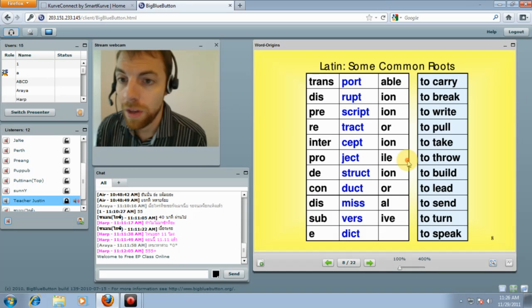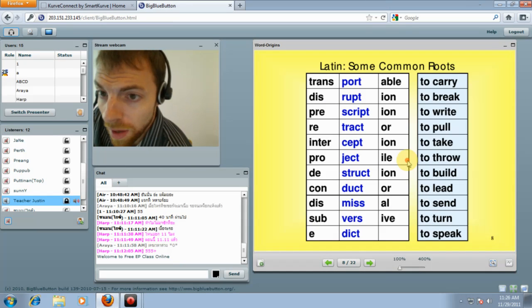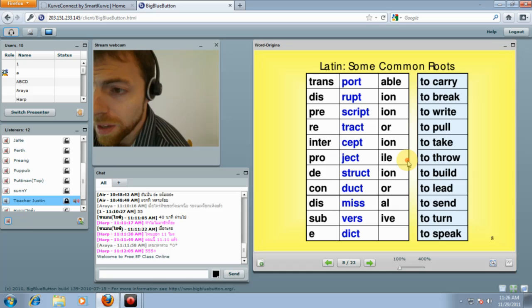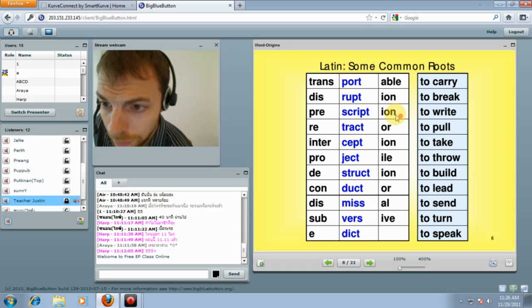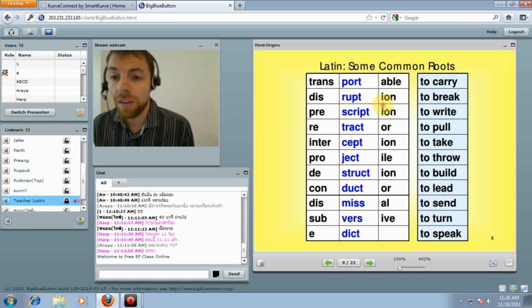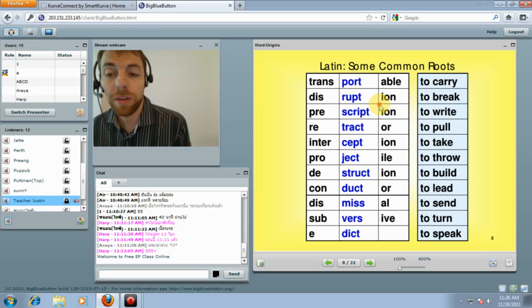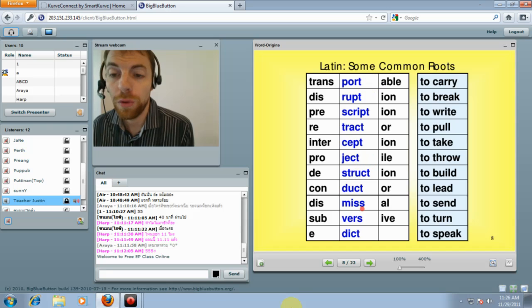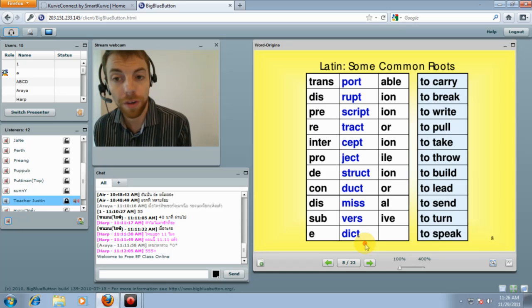All right. So let's see. Here are some common Latin parts. So like I said, usually these are just part of a word. But when you see this part in many different words, then it can help you understand maybe a new word.